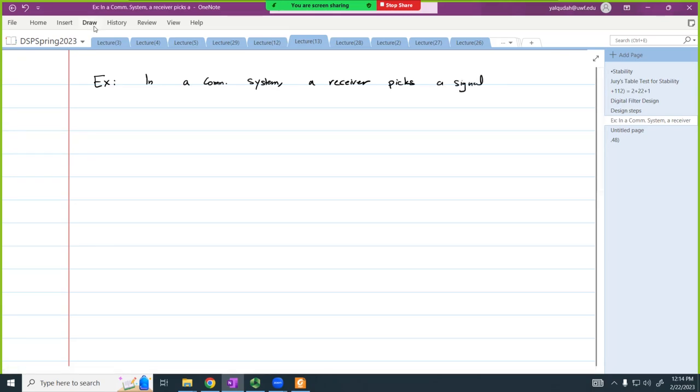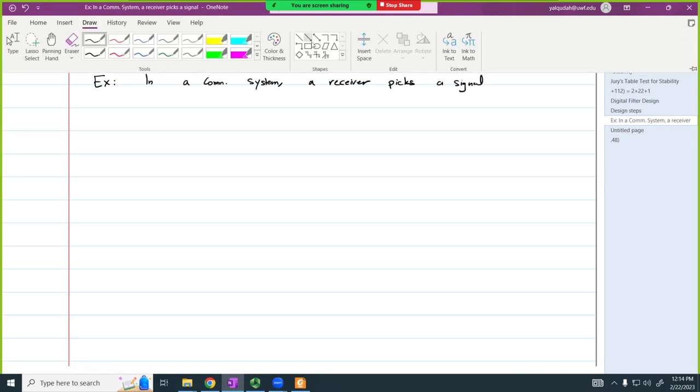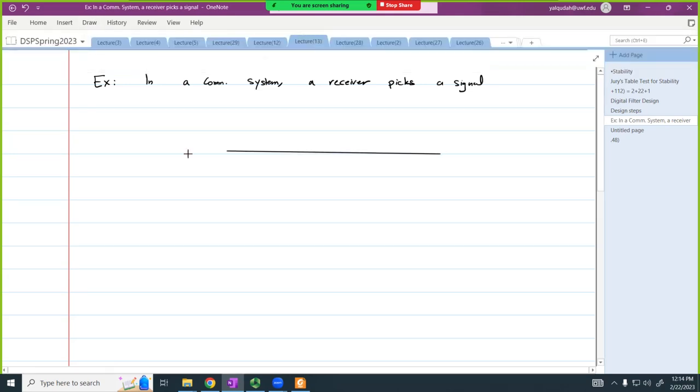And if I look at the frequency band, it looks something like this. Up to 100 hertz, I have this signal. Then I have another signal from 100 to 200.